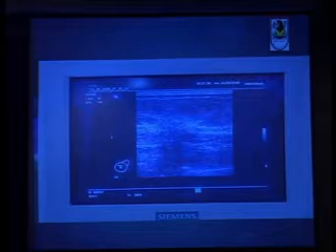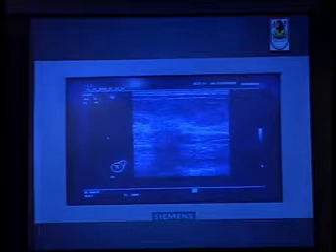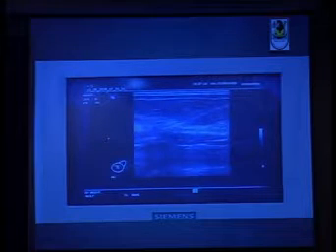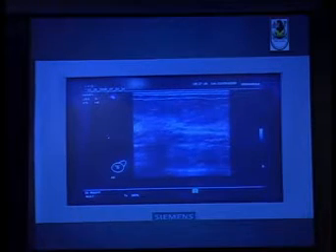Guided injection into the lesion. Then localization of the lesion with the mobile gamma camera and gamma probe. This is the head of the gamma camera and gamma probe, with a hot spot here. High count.